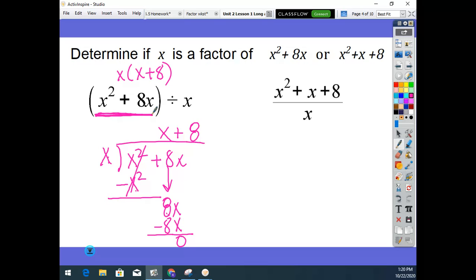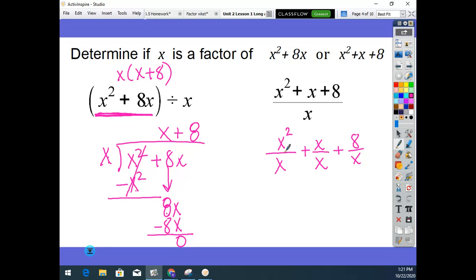Now, we could also try it this way. We could rewrite this as x squared over x, x over x, 8 over x. And see how this reduces and this reduces, but this can't reduce. We have an extra piece. That's telling us it's not a factor. So let's see how that would look with our division with the remainder. X, what do we multiply x by to get x squared?